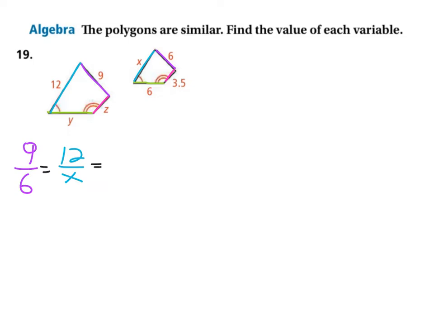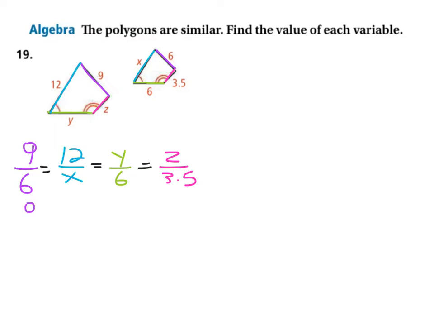And match with that, the green side, the big side is y, and the small side is 6. And what corresponds with that? This pink side, big side is z, small side is 3.5. Now that's kind of the extended ratio, but we really want to break this into parts and set them each individually equal so that we can calculate it out.